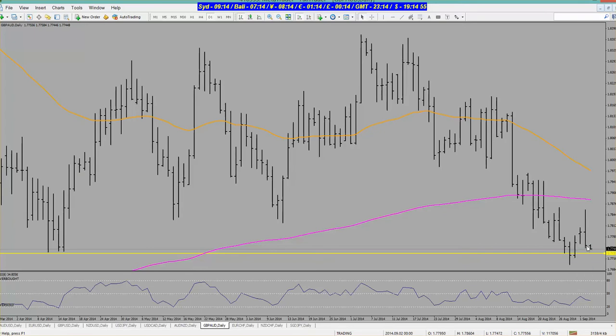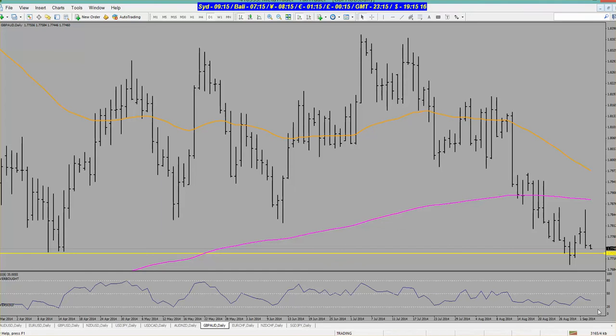I would suggest yes, that there's increased weakness coming in the pound, and that potentially would save you half your risk, because you're looking at something like a 90 or 100 pip stop, and you're now looking at, say, a 50 or 60 pip stop, so it's effectively halving your risk.